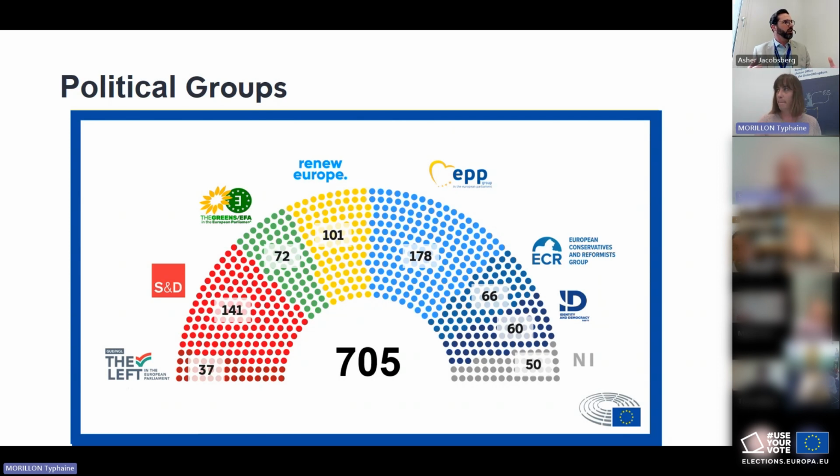But largely speaking, when you vote for a political party in your country, they're going to align themselves with a particular political group. Yes, that's what you would expect if you vote for a Social Democrat party. You would expect them to vote along the same lines.